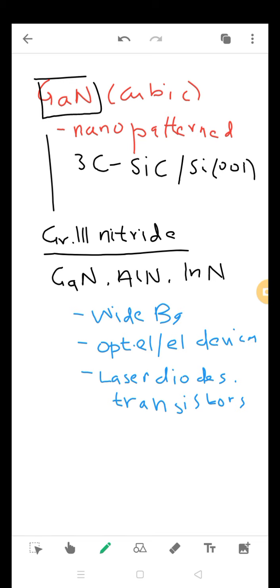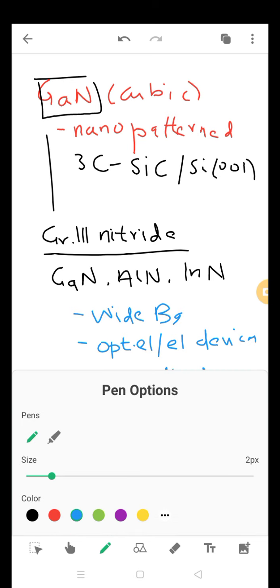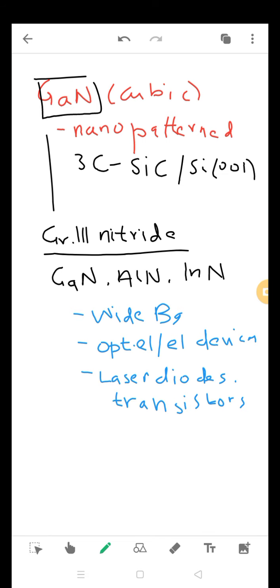Now the main challenge in these is fabrication, where we have to fabricate a dislocation free epitaxial layer of gallium nitride.